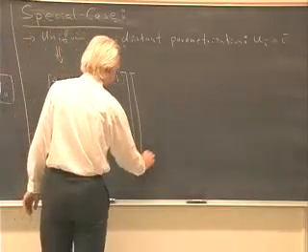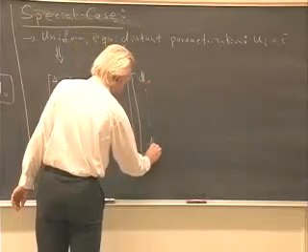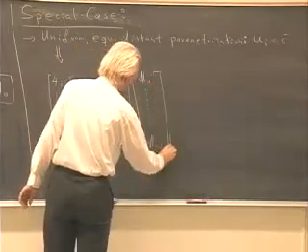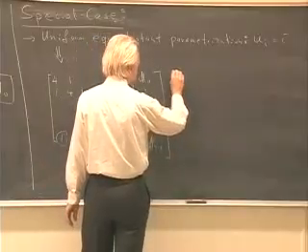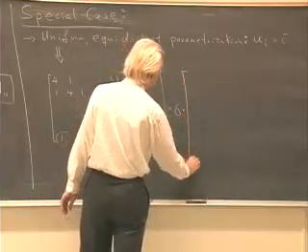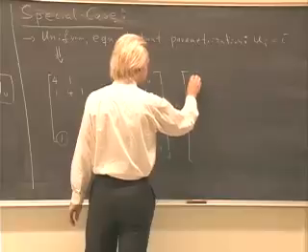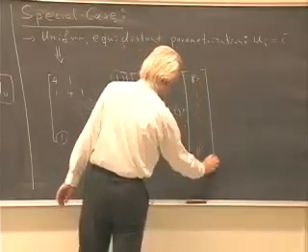And you have your unknown vector of d's, d0 up to dn minus 1. And on the right-hand side, what does it become? It becomes 6 times p0 up to pn.